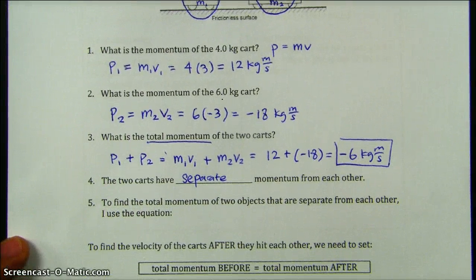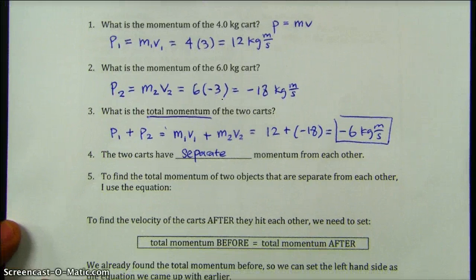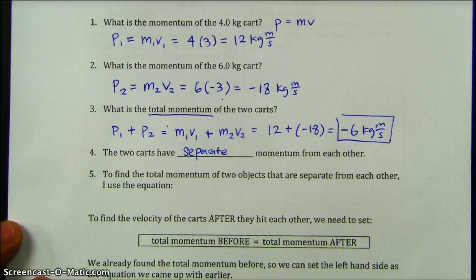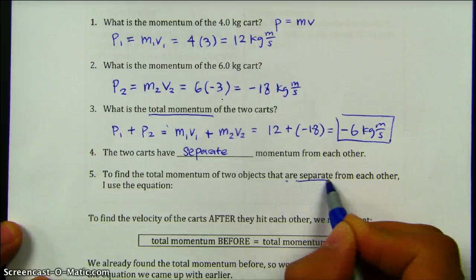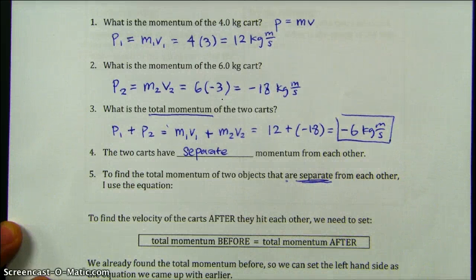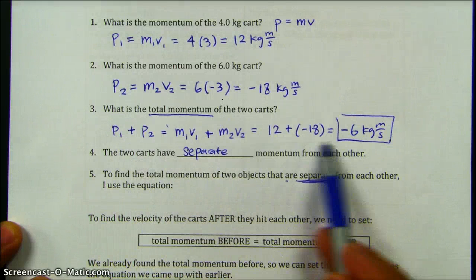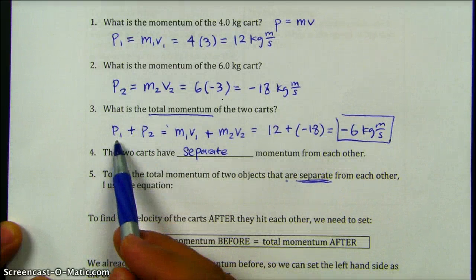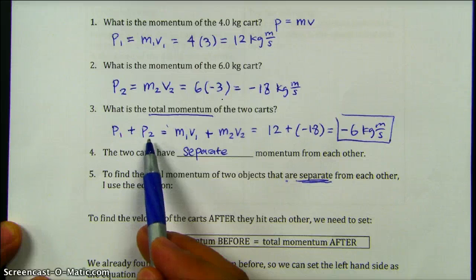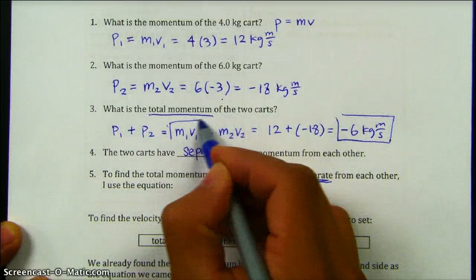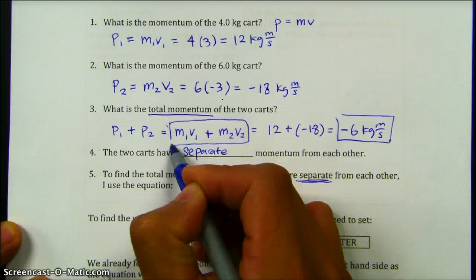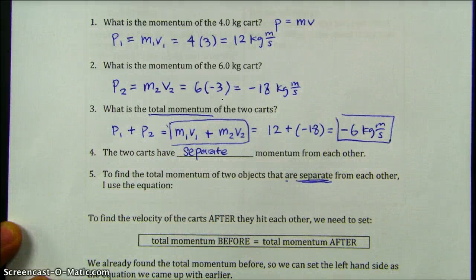So it says to find the total momentum of 2 objects that are separate from each other. Remember that this is the equation for when they're separate. We're going to need to use the equation that we just used. We realize P1 plus P2 is the total momentum, and this is the equation that we found of separate momentum.